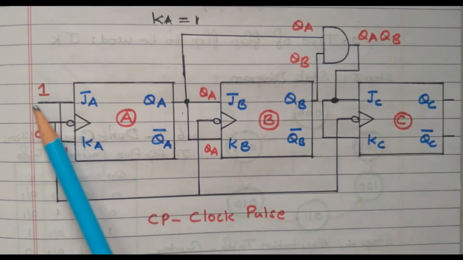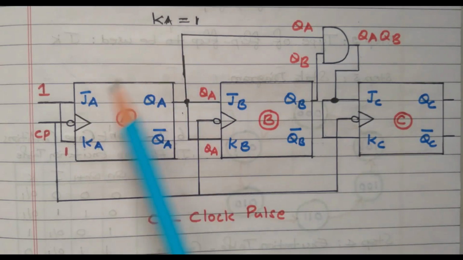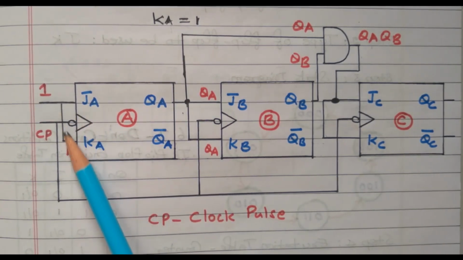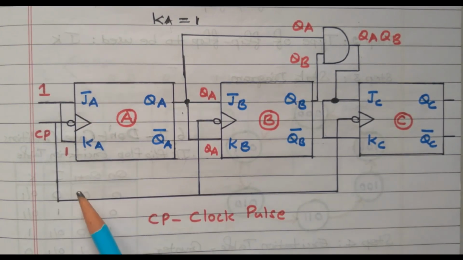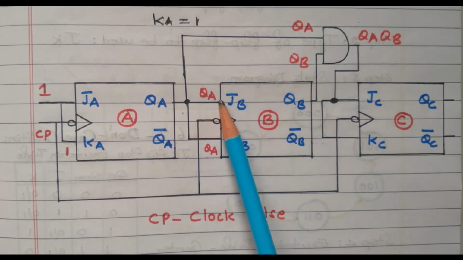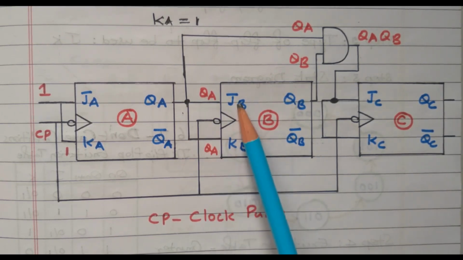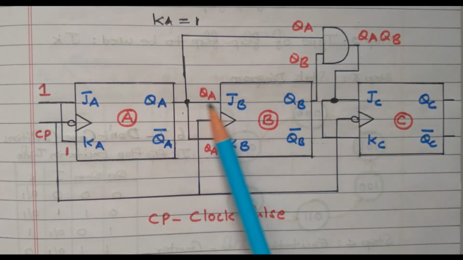We need to give the input now. What is the input? JA and KA. JA and KA is 1. So 1 is given for both JA and KA. What is the input for JB and KB? That is QA. So here the QA is available directly connected to JB and a tapping is taken, that is connected to KB also, right? So the JB and KB value is QA, right?